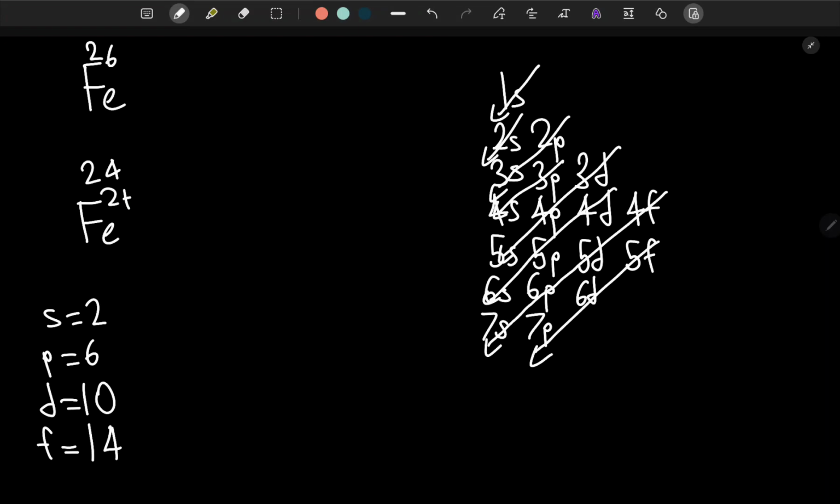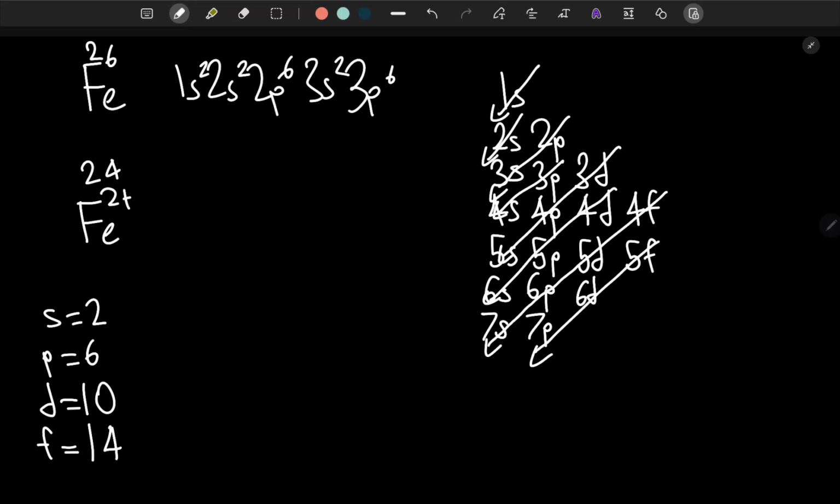So Fe is going to be 1s2, next is 2s2, next is 2p6, and now we have 10, so we still need more, so it's going to be 3s2, and next is 3p6, and now we have a total of 18, so we still need more.